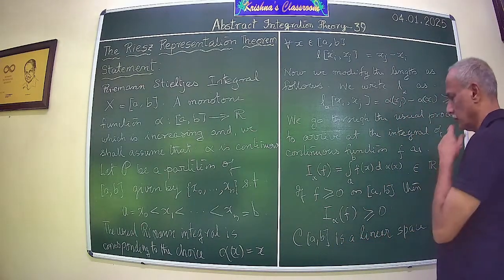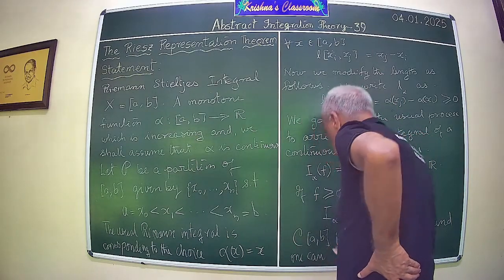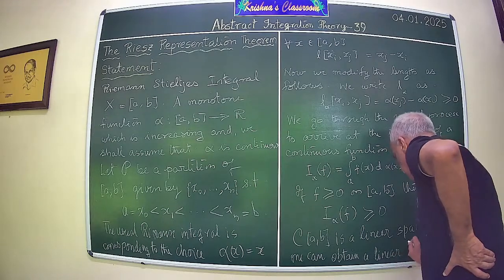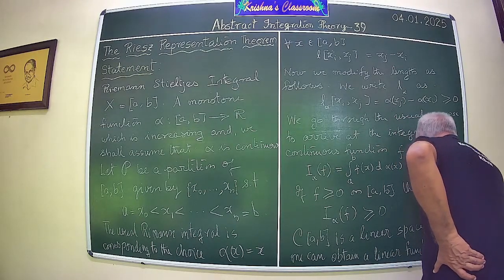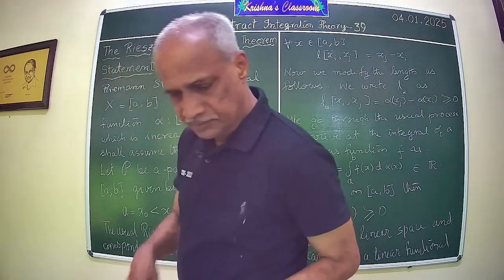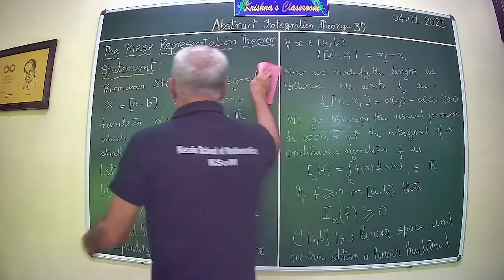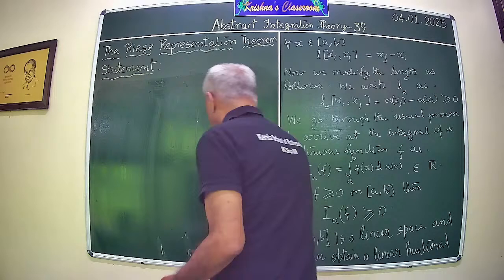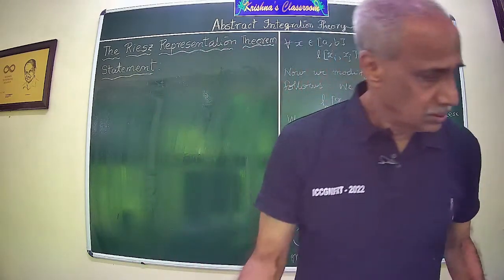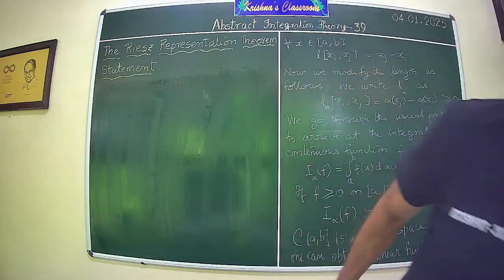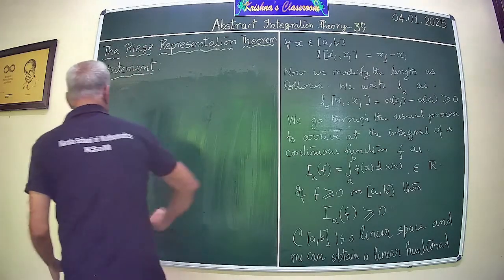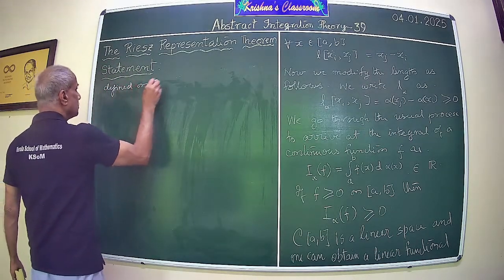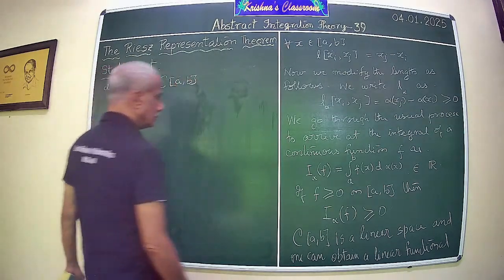One can obtain a linear function on C[a, b] defined as follows.